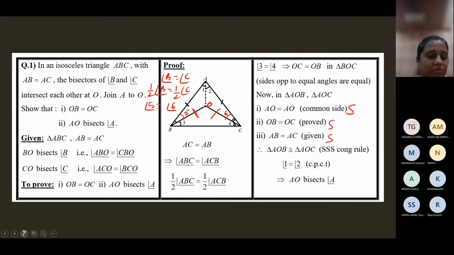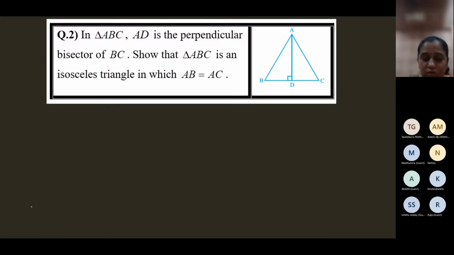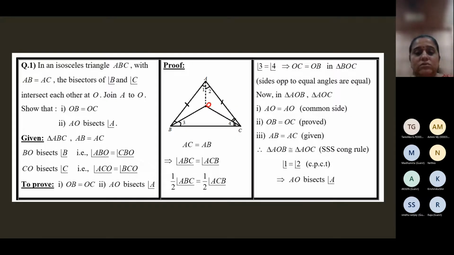Okay, let me write that alternate proof so that those who want it can make a note of it. Alternate proof. In triangles AOB and AOC, AB is equal to AC.